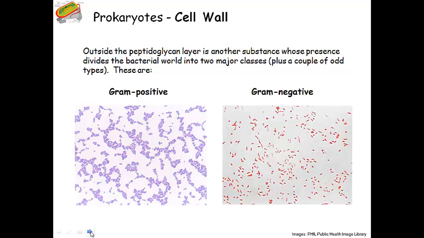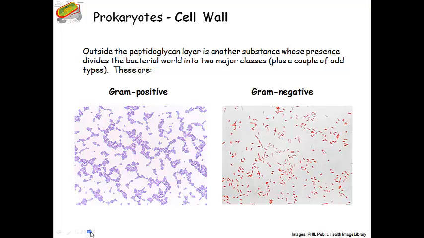Okay, another part of the cell wall is those granules that we talked about earlier. Outside of the peptidoglycan layer is another substance, a type of granule, that we use to actually identify bacteria. The granules can either be gram-positive or gram-negative.